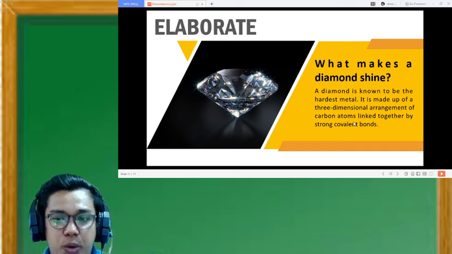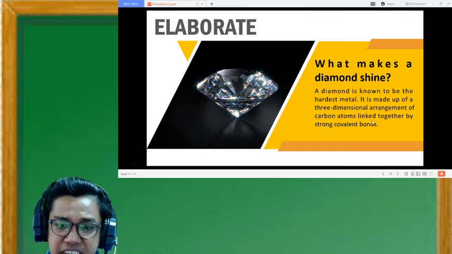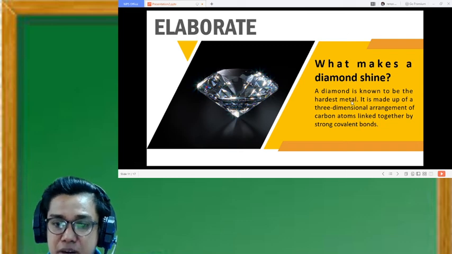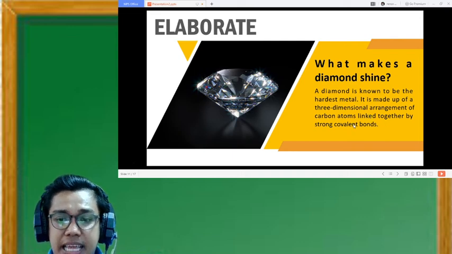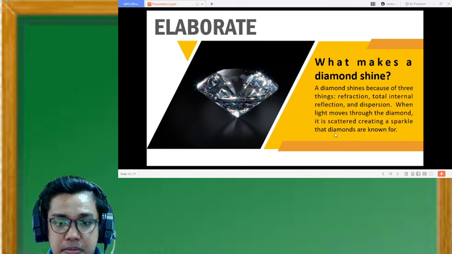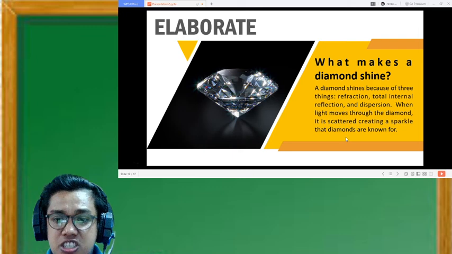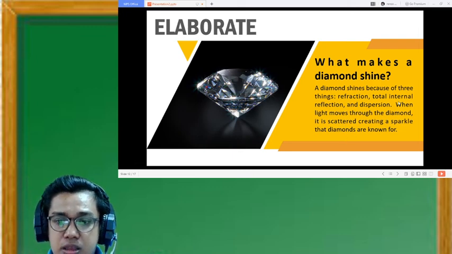Okay? So, what makes a diamond shine? What makes a diamond shine? A diamond is known to be the hardest material, right? It is made up of a three-dimensional arrangement of carbon atoms linked together by strong covalent bonds. A diamond shines because of three things: refraction, total internal reflection, and dispersion.